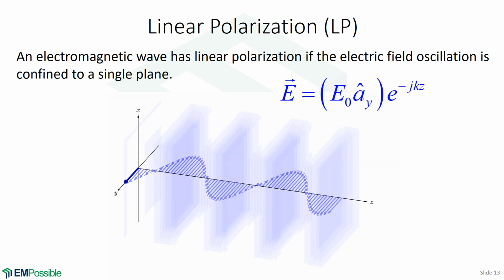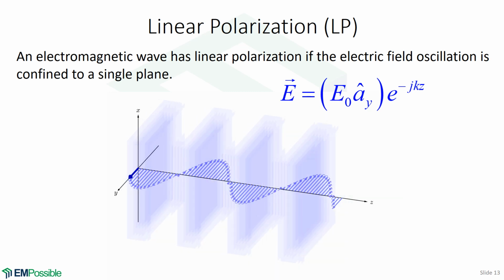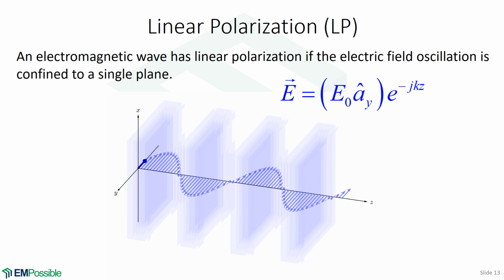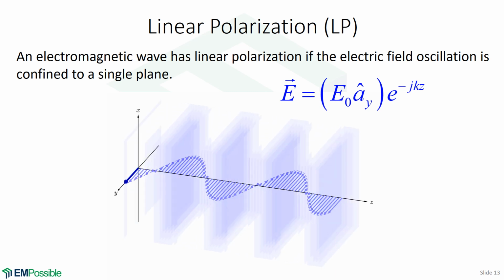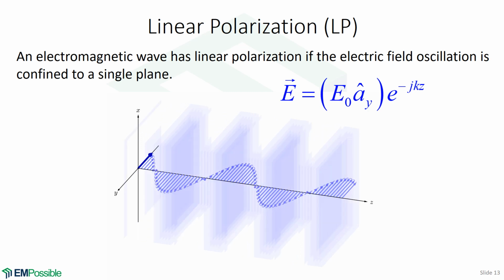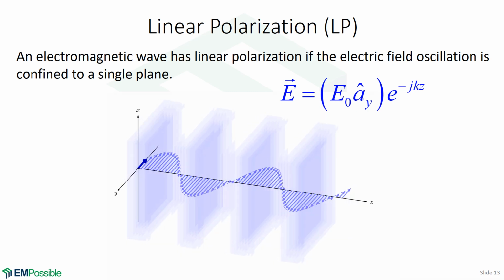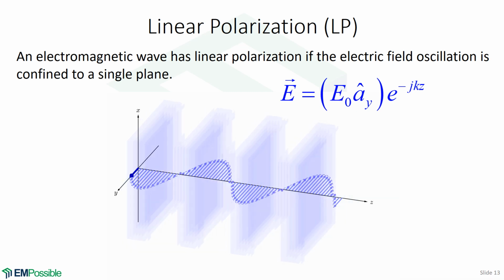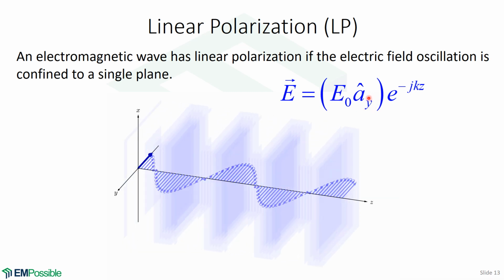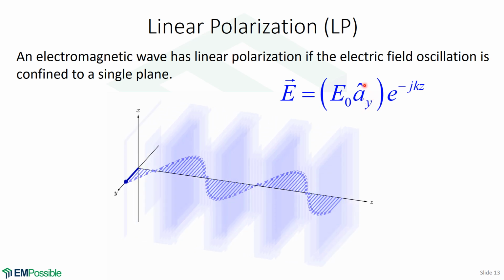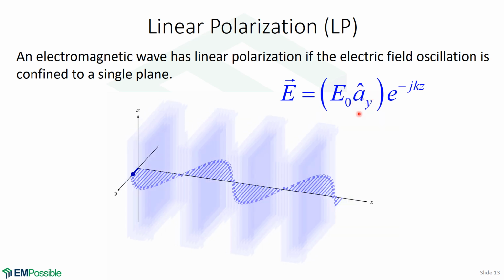We could just as easily have the electric field oscillate in the y direction. So the only thing different now is that our electric field is in exactly the y direction. It's still oscillating along a single line, so it's still a linear polarization. Mathematically, the only thing that has changed from the last slide is the subscript on the unit vector, showing us that this unit vector is in the y direction now instead of x.